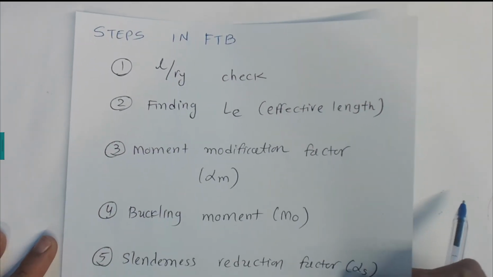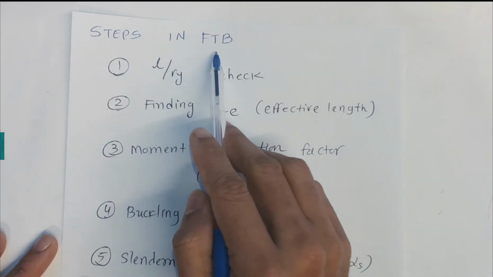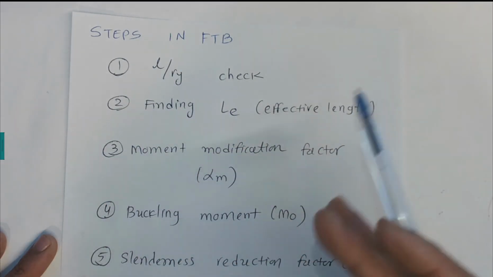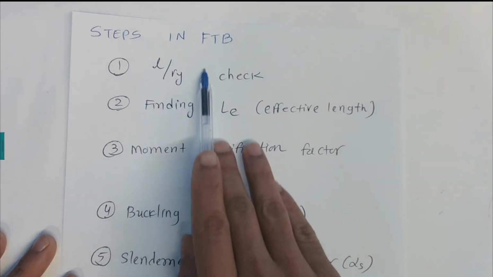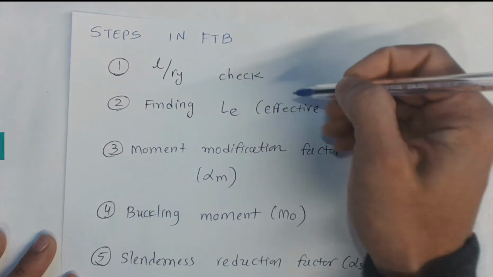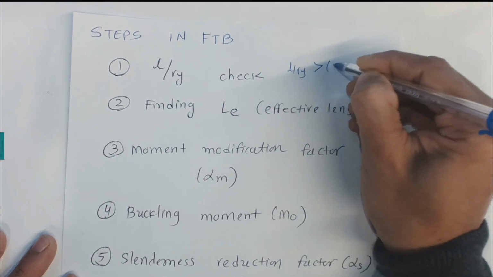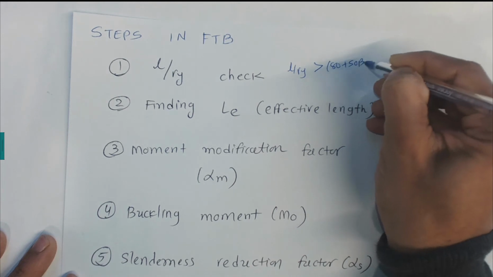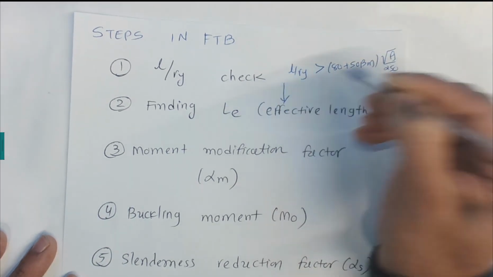And the last one is the steps involved. Once you have that check done, then you know whether you need to calculate flexural torsional buckling. We need to use the procedure for flexural torsional buckling. So step number 1, when you do the L over Ry check, if L over Ry is greater than 80 plus 50 beta m times square root of 250 over Fy, then you follow these steps.